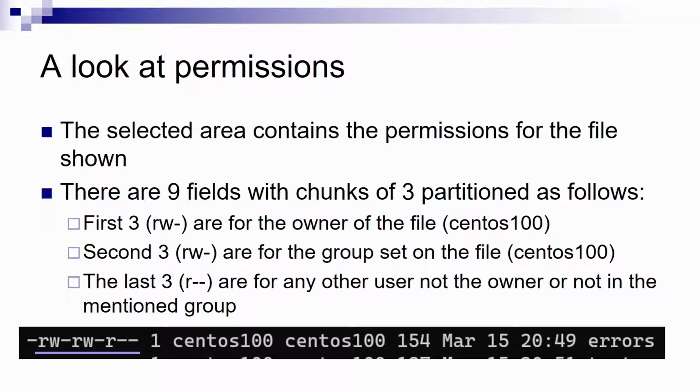The next 3 characters, which are the same as the first 3, are the permissions assigned to the group of the file. You can see in this example it's also the CentOS 100 group, but it can be any other group if you decide to change it. And the last 3 characters, which in this case are R and 2 minus signs, are the permissions that you set for any other user who is not the owner or a member of the CentOS 100 group.